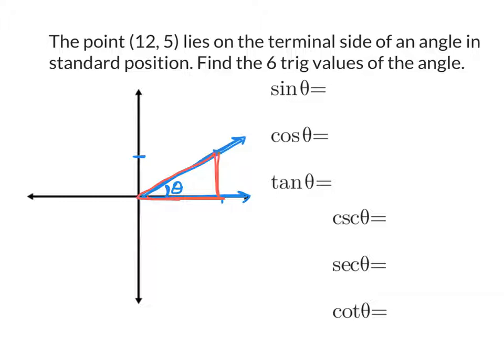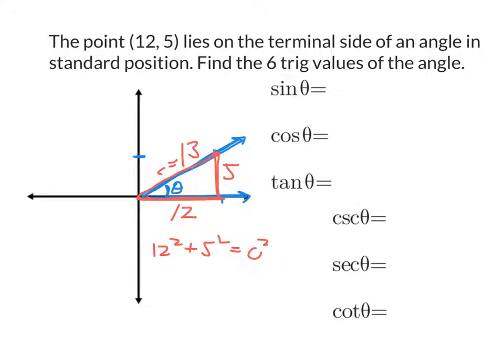Since we know this point is (12, 5), we went over 12 and up 5. Doing a little bit of Pythagorean theorem, we can say 12 squared plus 5 squared is equal to c squared, if we call this c. You can work that out and you'll find that this is going to be 13.